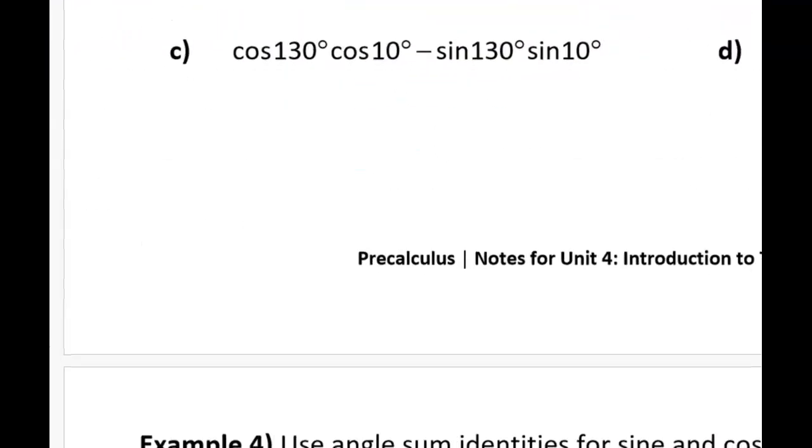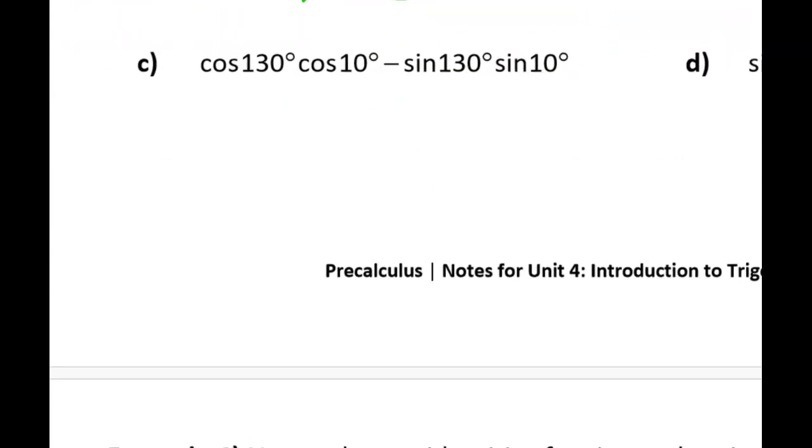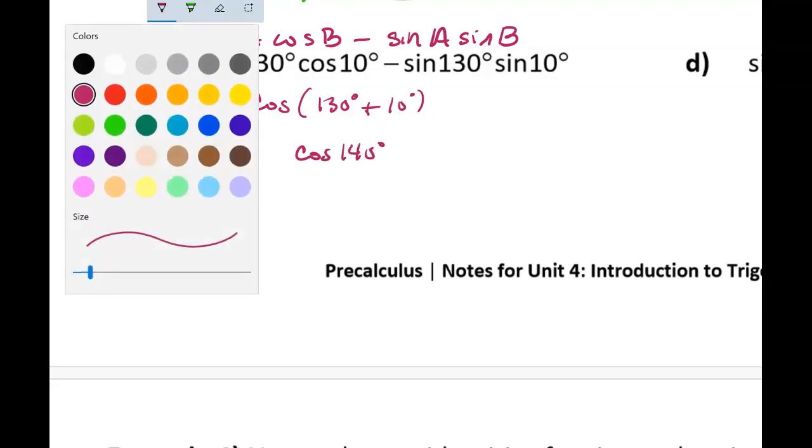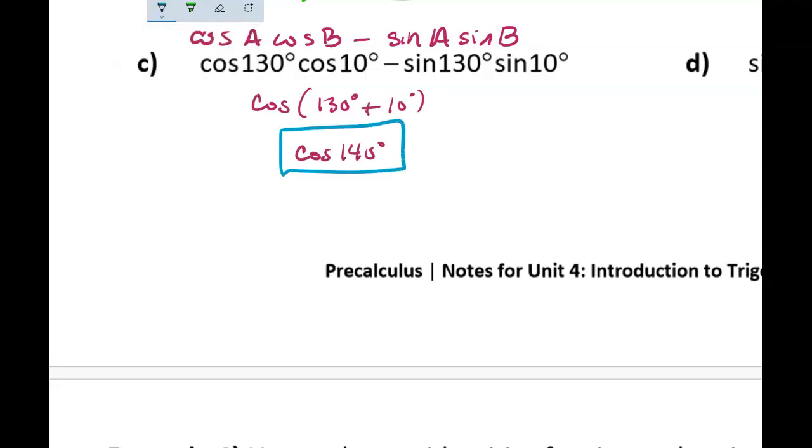In C, we have an expression that's in the form cosine of A cosine of B minus sine A sine B, and that's a cosine of A plus B. So A would be 130 and B would be 10. So that's going to give us cosine of 140 degrees as a single trig expression.